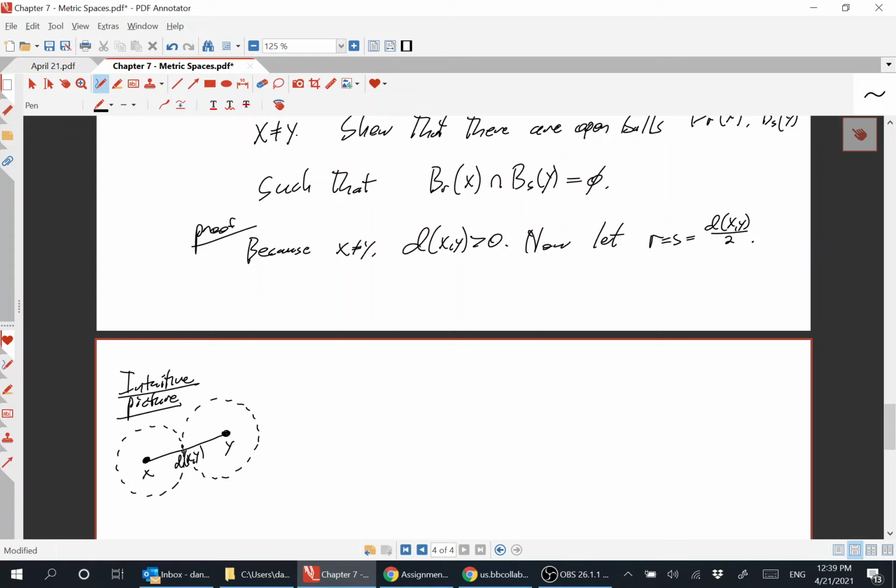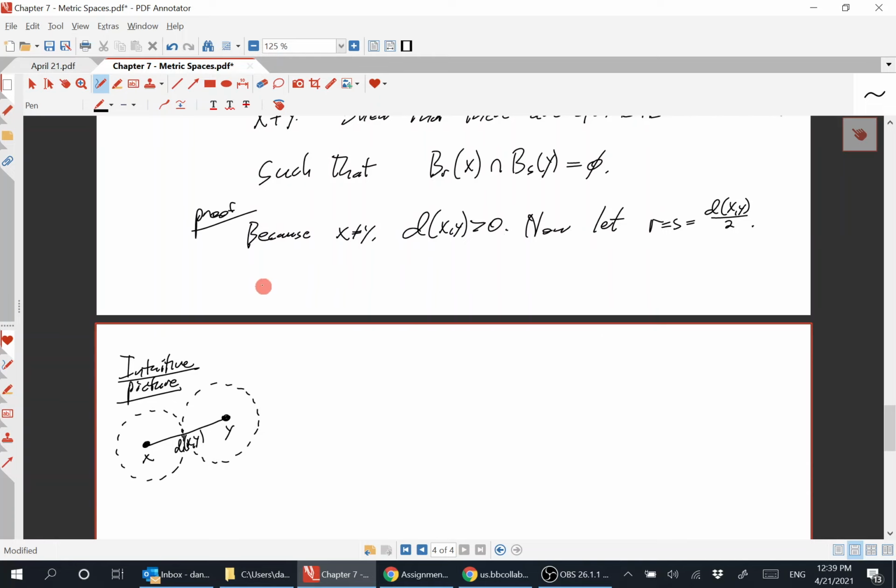But your proof cannot cite the intuitive picture. It can illustrate what you're talking about and guide what you write, and that's all wonderful. In that case, a picture is worth 1,000 words, as we said. But the proof has to be completely formal from the axioms, the 4 properties of metric spaces.